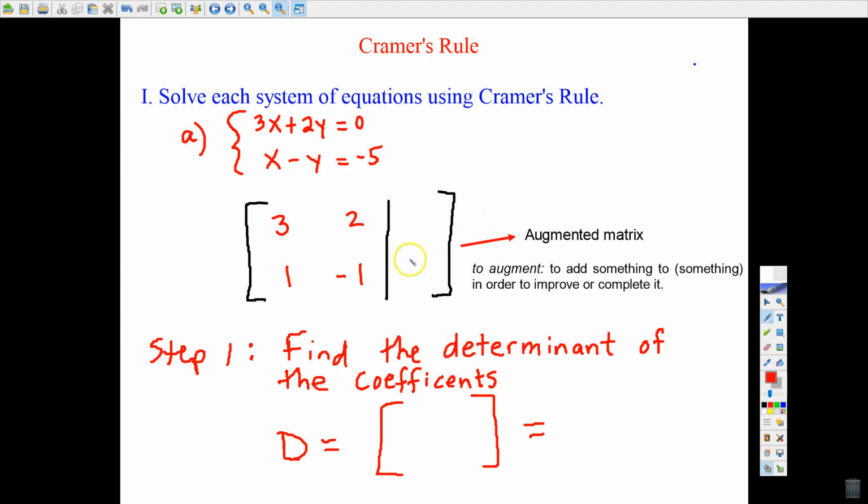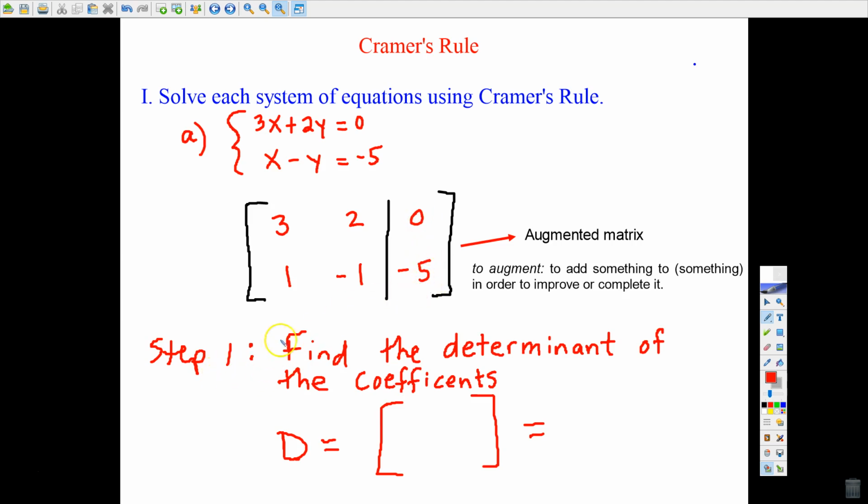To the right of the line, you can probably guess, I'm going to put these constants. Constants are numbers without variables. So this is, again, an augmented matrix. It's adding something to a matrix. It's really just one matrix, but you can kind of think of it as a combination of two. We have this coefficient matrix, and then beside that we have this constant matrix.